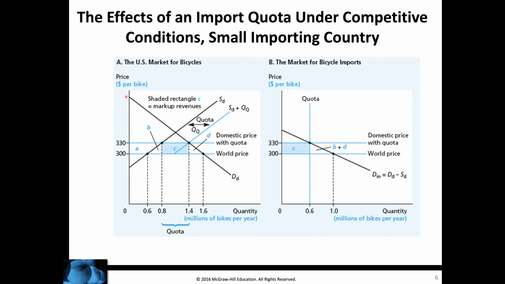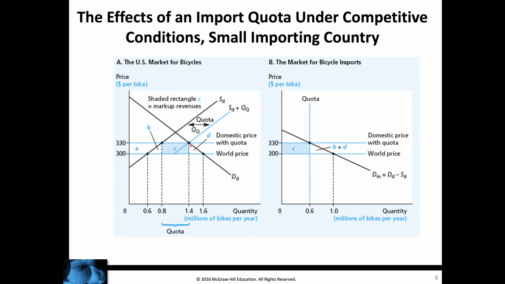So we see the demand for bicycles in the US and the supply for bicycles in the US without free trade or trade of any sort. This would be our equilibrium point, and this would be how many would be produced, at a higher price than this 330.